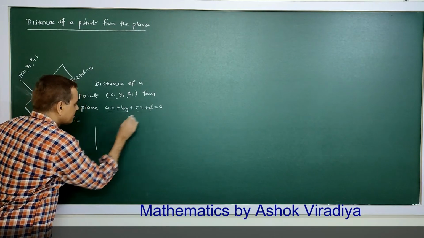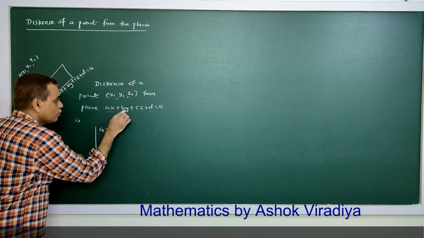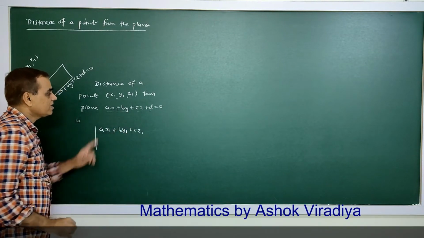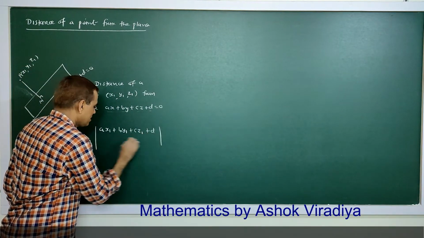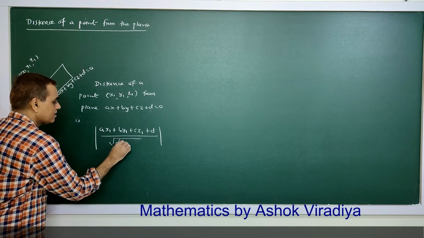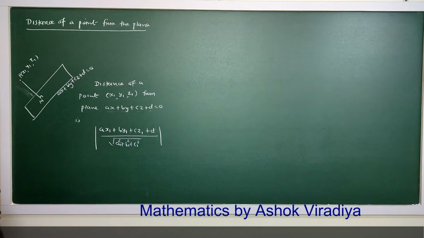Then in this part replace x by x1, y by y1 and z by z1, plus d, upon square root of a square plus b square plus c square. So that is the formula.